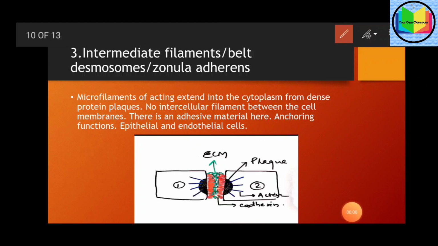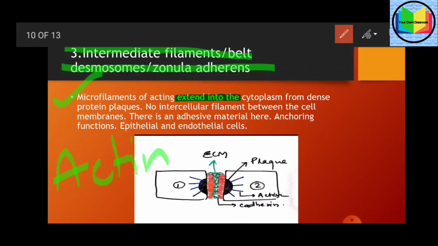Now let's look at the third kind of adhering or fixing junction. It is the intermediate filament junction, also referred to as belt desmosome or zonula adherens. Microfilaments of actin, it would be actin, extend into the cytoplasm from dense protein plaques. As you can see in this structure, the protein plaques are the same as those of desmosomes, but the microfilaments that extend out of them are of actin.